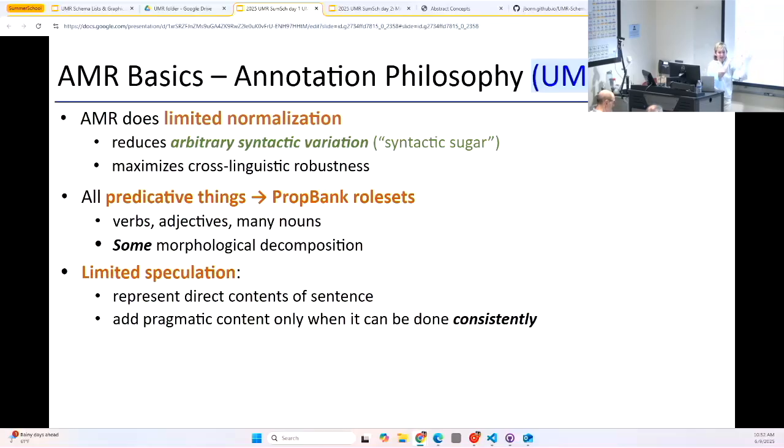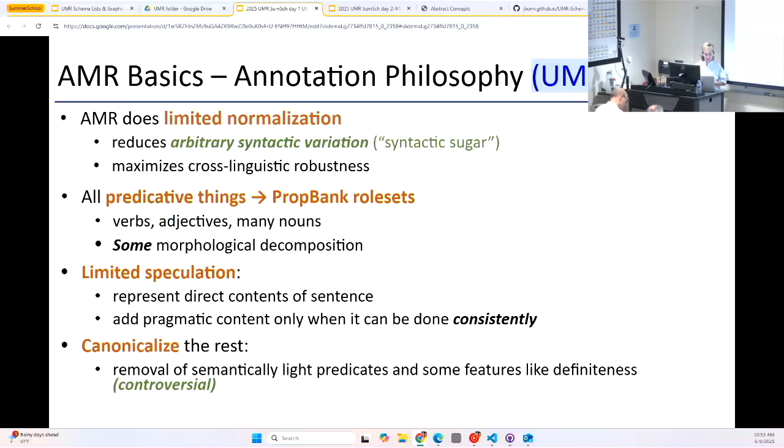You put the cat down as the liker and as the eater of the cheese. But it was very limited, so you could do some kinds of inference. You didn't want to make inferences across sentence boundaries, though, because if the parser wasn't looking at the next sentence, it would have no idea where these hallucinated concepts had come from. So only things that could be done consistently and understood by the parser.